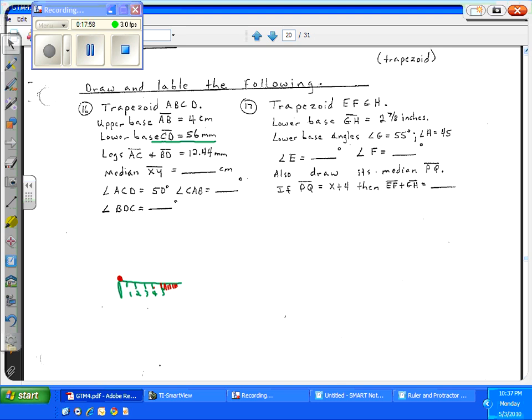And so you would go to 56 millimeters, which would be 5, 10, 20, 30, 40, 50, then 1, 2, 3, 4, 5, 6 of those little bitty marks, see? Millimeters, that's the lower base. That's CD.